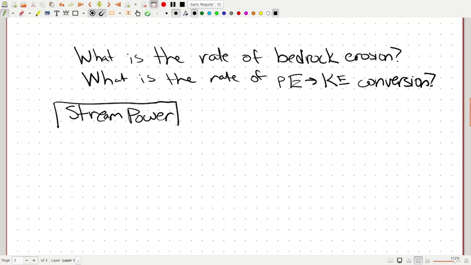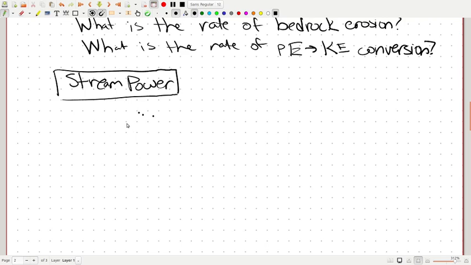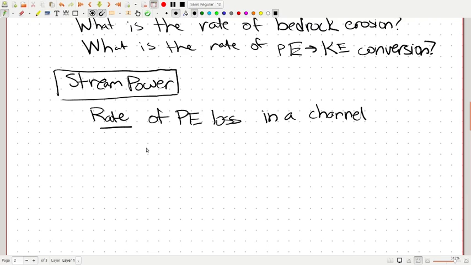I'm first going to define stream power in words, and then we're going to define it mathematically. So stream power is the rate, and once you see the word rate, you can think per time, of potential energy loss in a channel cross-section per unit time.